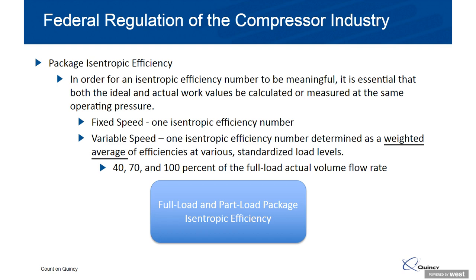These are 40%, 70%, and 100% of the full load. So you will have one isentropic efficiency number for fixed speed and one for variable speed. And variable speed will be made up of 3 weighted average part load points and will produce 1.